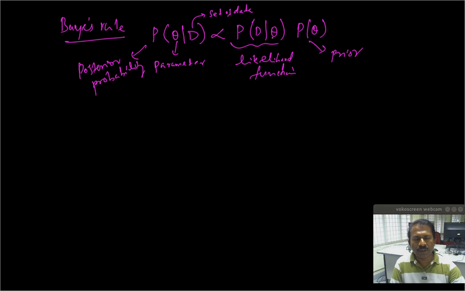Given the data, or starting by assuming the parameter, how likely is it that this parameter associated with some process will generate this data?